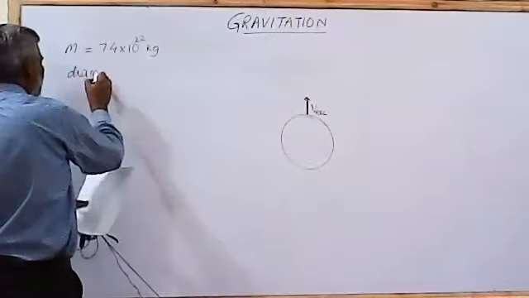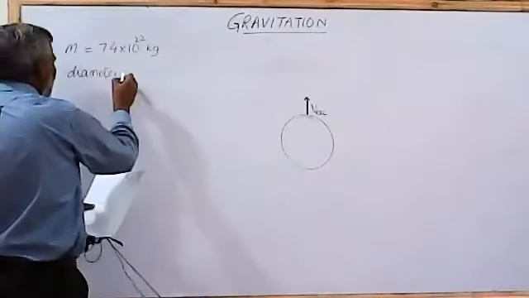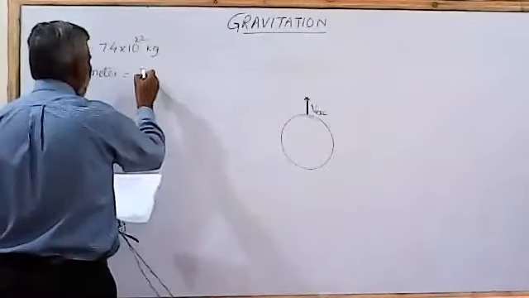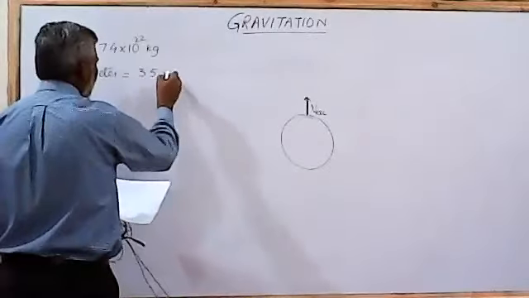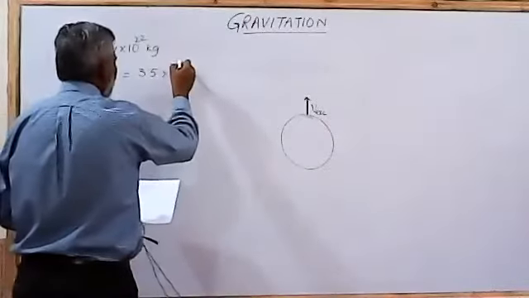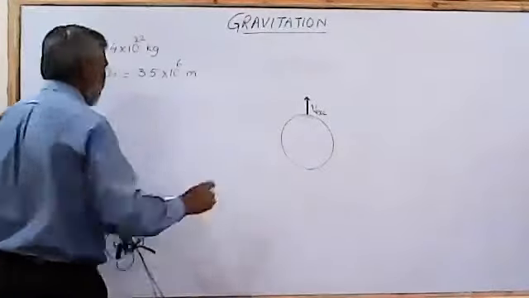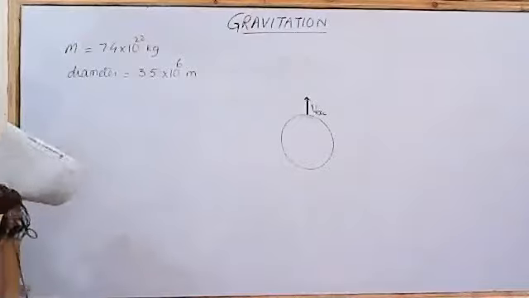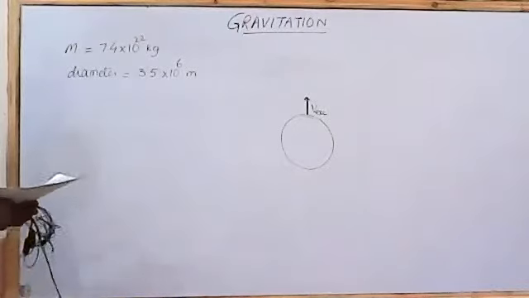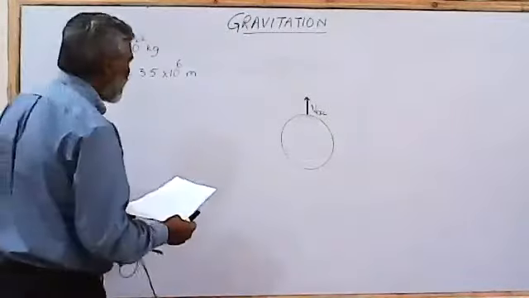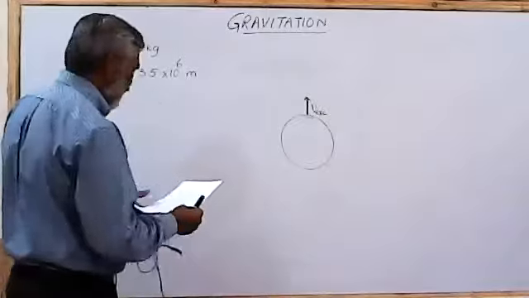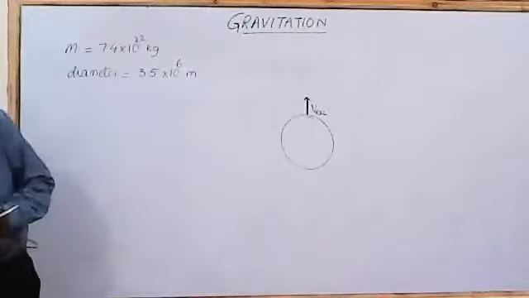Its diameter is given to be 3.5 into 10 raised to power 6 meters. How can we calculate the escape speed with these 2 values given?